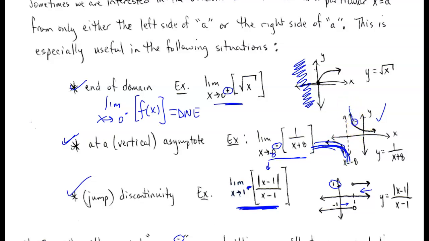If we want to study it only on the right, we're talking about something that looks like this. And of course, for this particular function, as x approaches -8 from the left, it goes to negative infinity. As x approaches -8 only from the right, it goes to positive infinity.